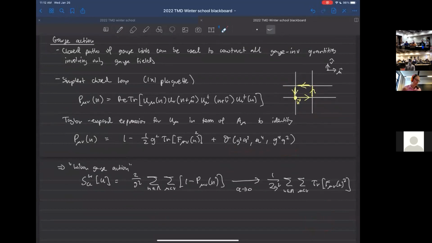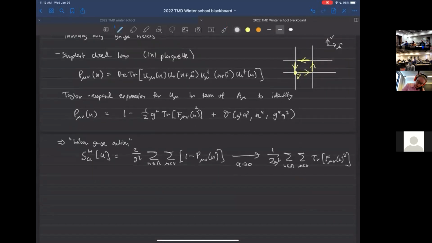And so that's how you get improved actions. They'll have names like the Iwasaki gauge action or the tree level improved gauge action. And all that means is that you've taken this and added a few extra loops to cancel out those discretization artifacts. Okay, so it can be improved. Add extra terms to the action to remove leading discretization artifacts.